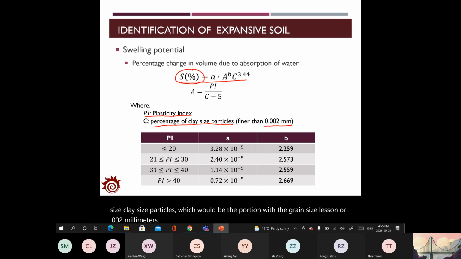In this equation, we have two coefficients, A and B, which are calibrated from empirical data.